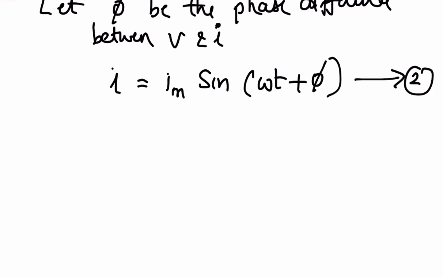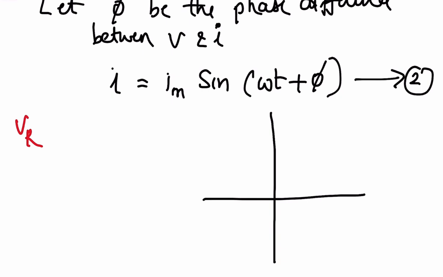Now listen very carefully. Here I am giving you the most important point. In the case of resistance, the voltage across the resistance and the current through the resistance are in the same phase. You know that.